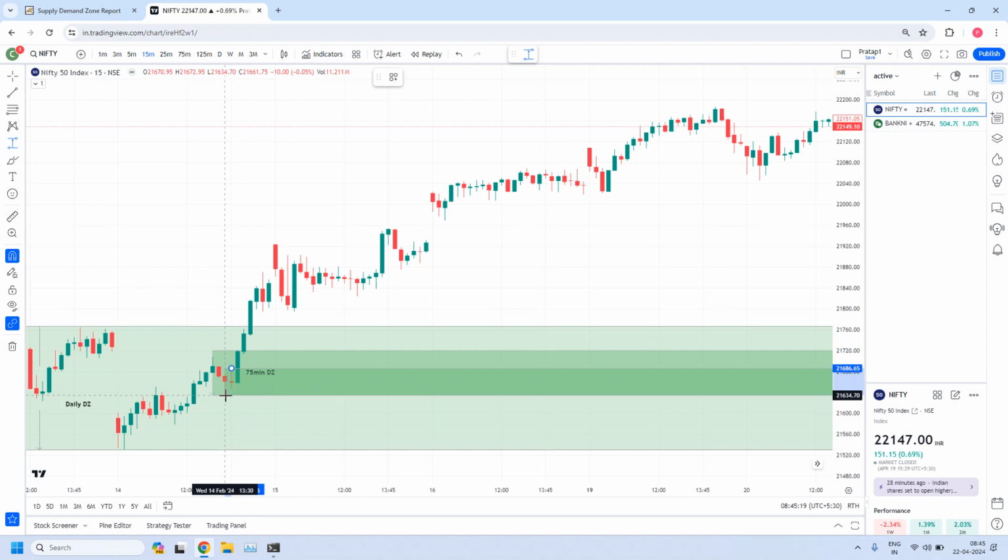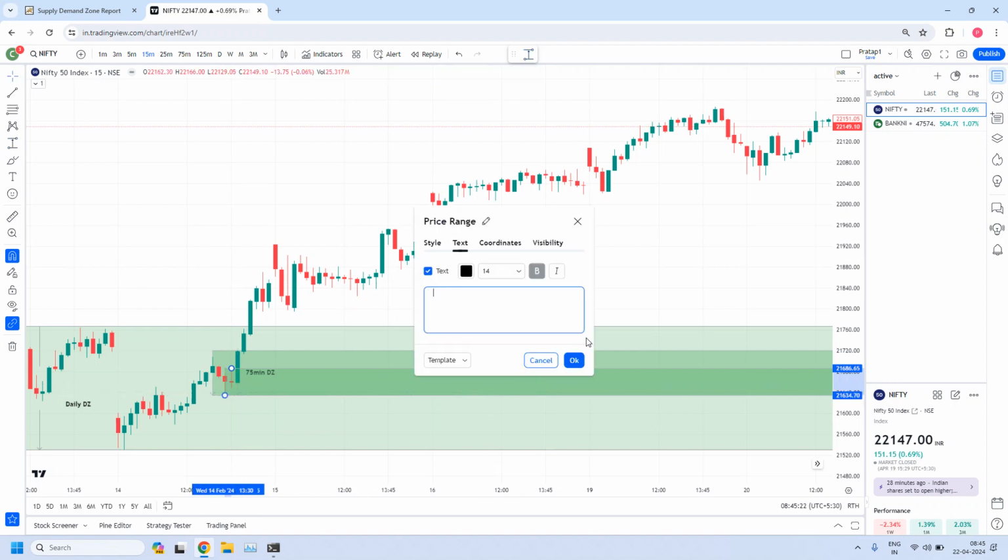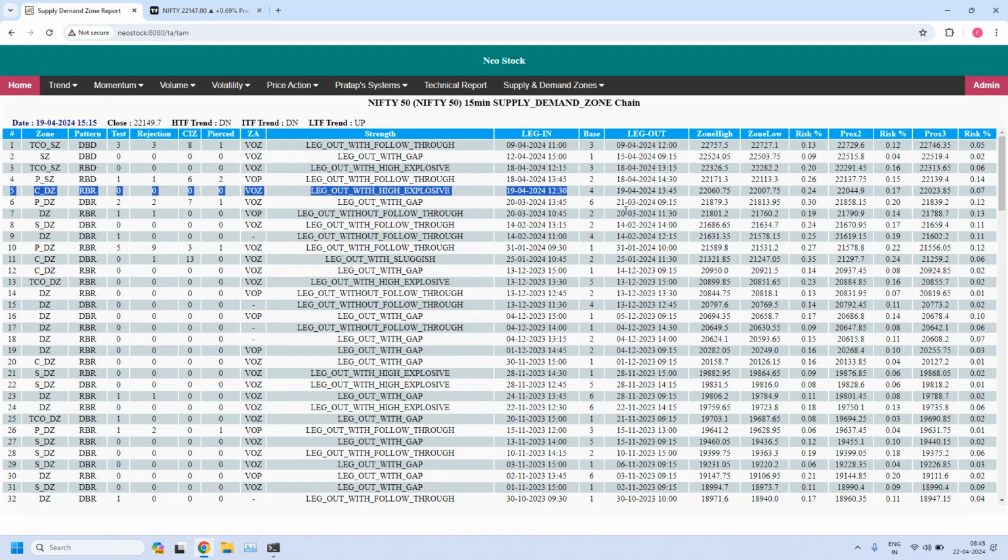Here we have 15 minutes high liquidity demand zone. So let me cross check once again. 14-2, 13-15, 2 base candles at 14 hours leg out. 14-2, 13-15, 2 base candles, 14 hours. So exactly this is the.